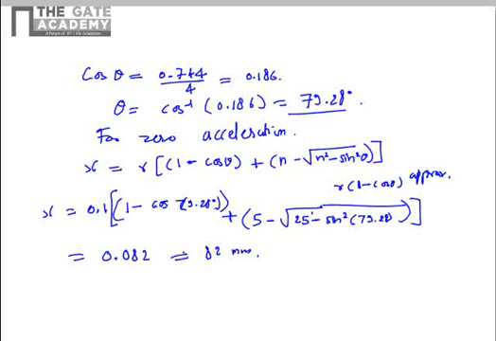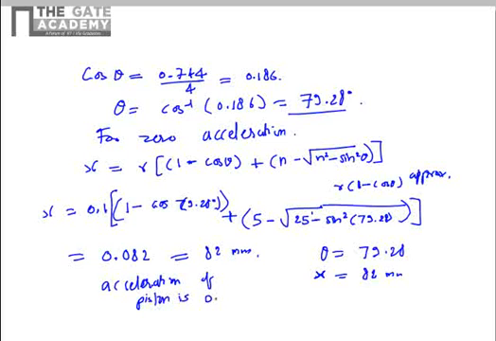So at the angular position of the crank theta equal to 79.28 degrees, when x, the displacement of the piston from inner dead center, is nearly 82 mm, the acceleration of the piston becomes 0. This reminds us that theta for zero acceleration is 79 degrees and not 90 degrees.